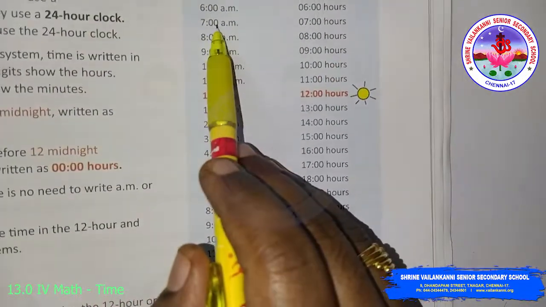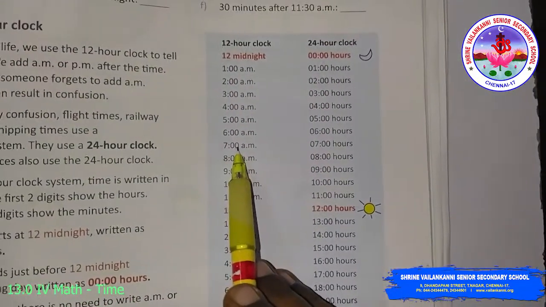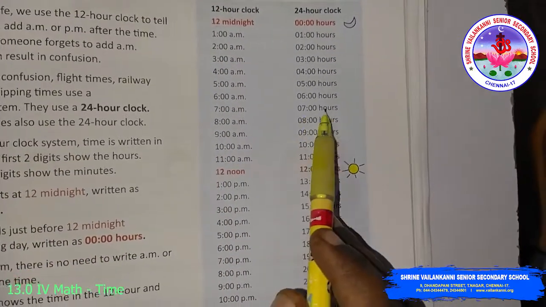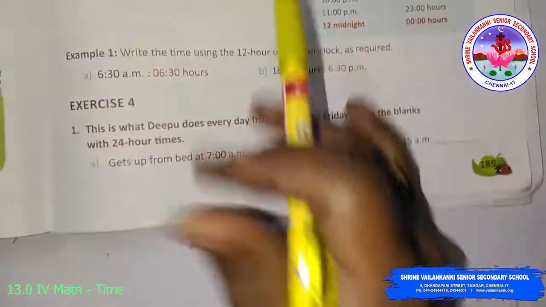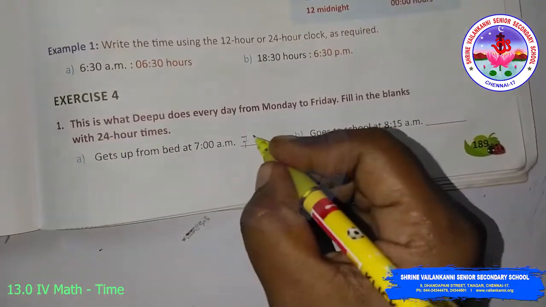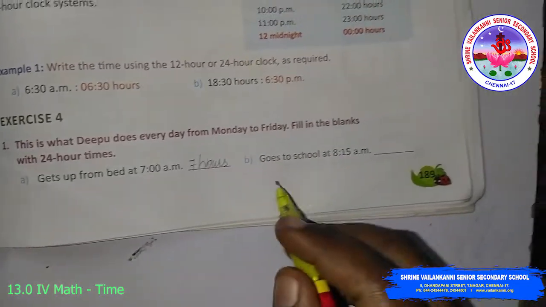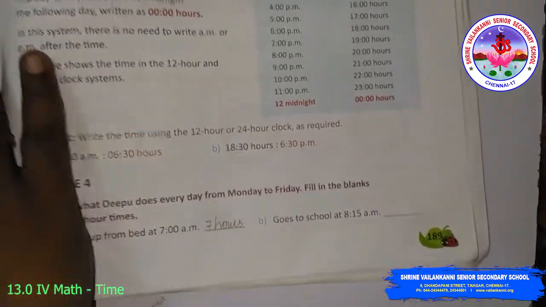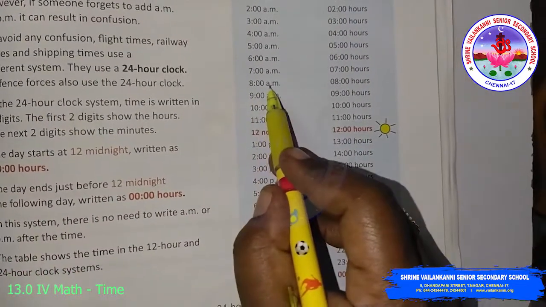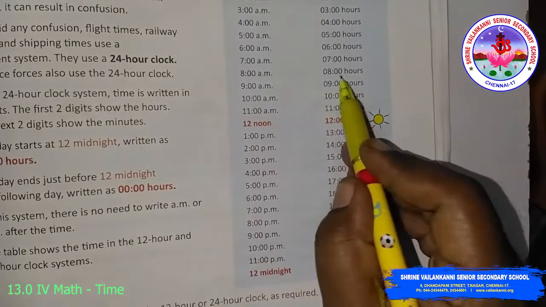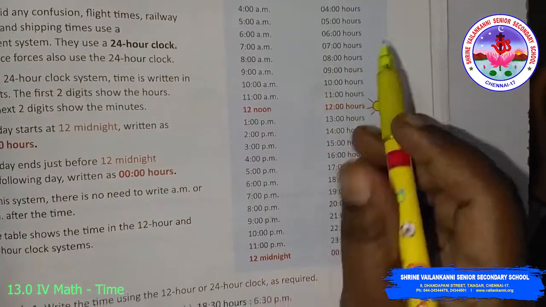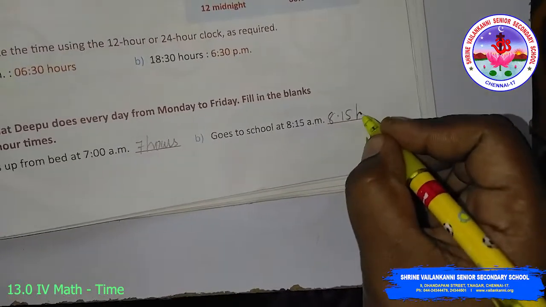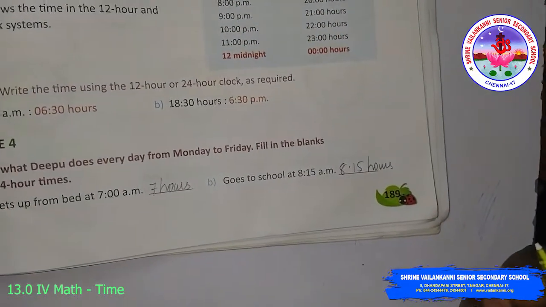The 7 a.m. in 24 hours, what will you call it as? 7 hours. Goes to school at 8:15 a.m. 8 a.m. is 8 hours. So the minutes will not change. So 8:15 hours.